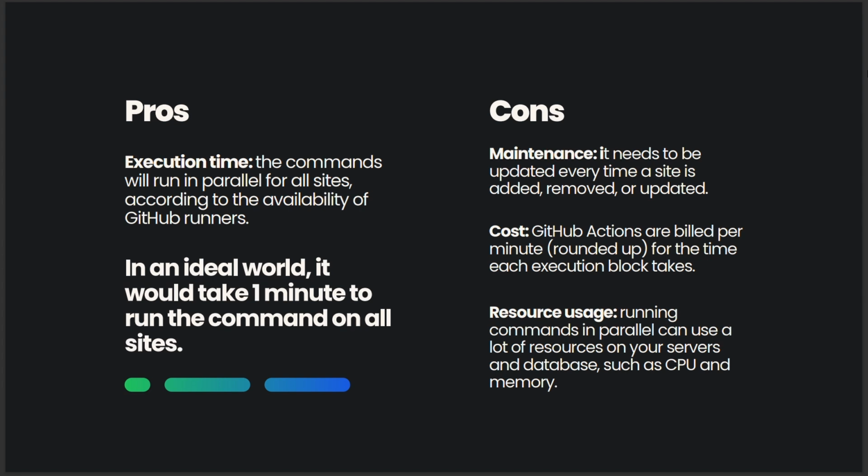So in this scenario, if they take 1 minute, you have 600 minutes, like 10 hours, to pay. But the difference between the other approach and this one is that GitHub bills you by the minute, rounded up by job. In the other one, you're running one job for all the sites, so you would have actually 600 minutes.